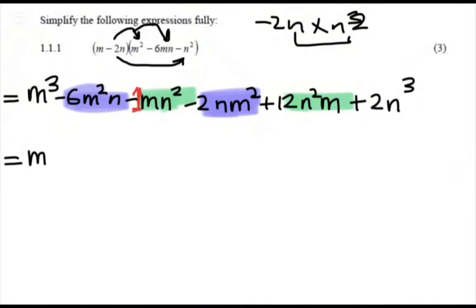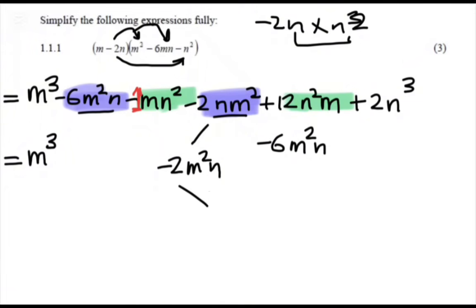So we're going to have m cubed. This one does not have a like term. The like terms are negative 6m squared n and negative 2nm squared. Someone might ask how these two terms are the same while they don't start with the same letter. We can write it as negative 2m squared n.